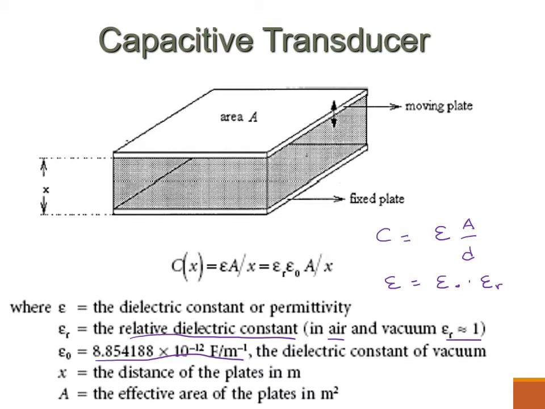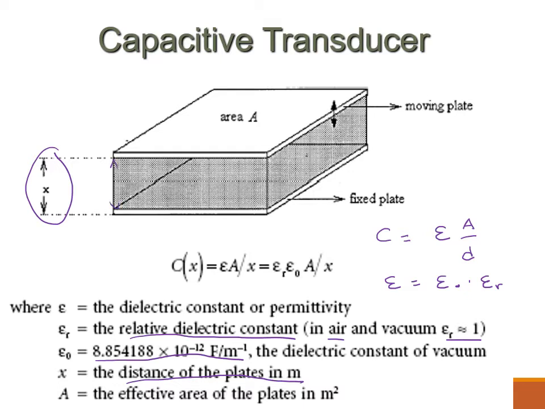The second parameter that affects the capacitance value is distance, d. In this diagram it uses x, but later we will use d a lot. So d or x is the distance between the plates in meters. Here is x, which represents the distance between these 2 plates.